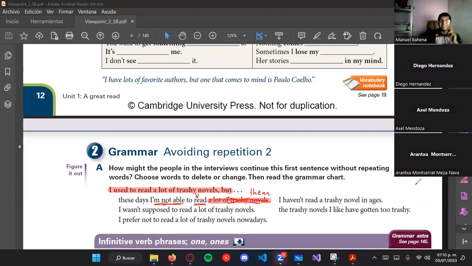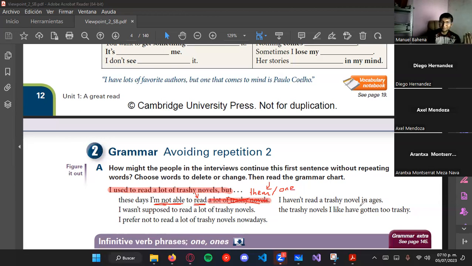Yes, and it leads me to my next point, which is we just have to replace it with one word. Just one word. This can work. This is one possible answer, but we can also use "I'm not able to read one."